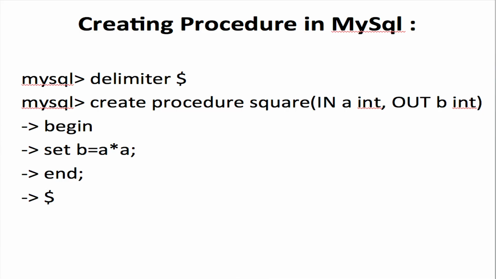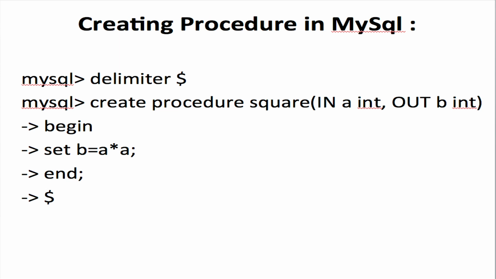The next statement is begin, set b = a * a. Because b is an output and a is an input, we will pass the value of a and b will be the return value. Then it will end, and finally it will give the multiplication of a and a, meaning the square of a.